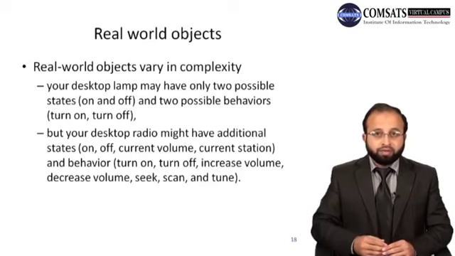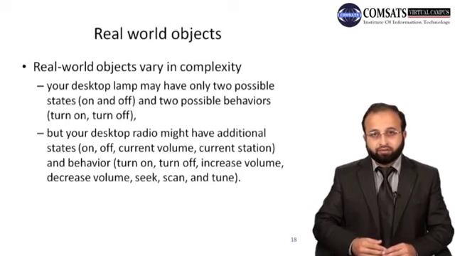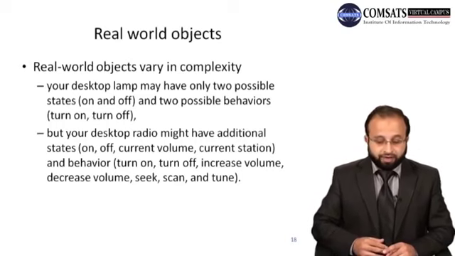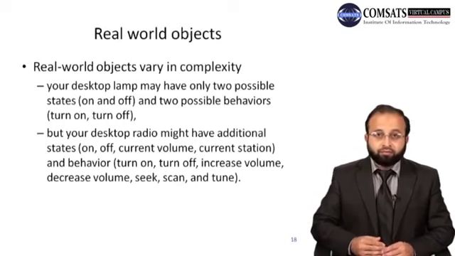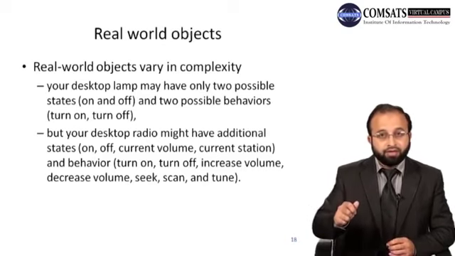For every real world object, you can change the state of that object by executing the respective behavior of that object. For example, in case of the desktop radio, if you want to decrease the current volume from 10 to 7, you have to execute the behavior of that radio.